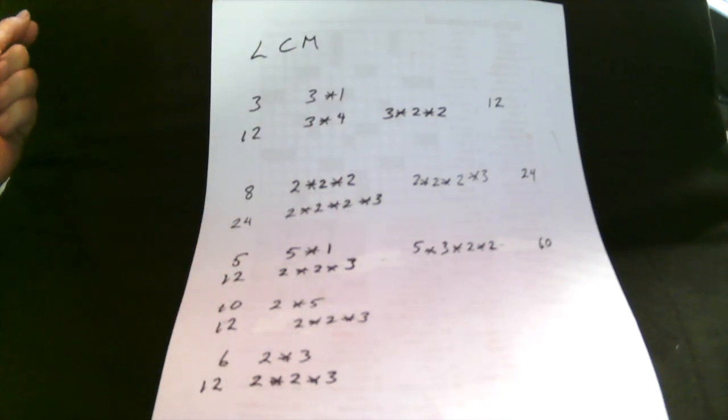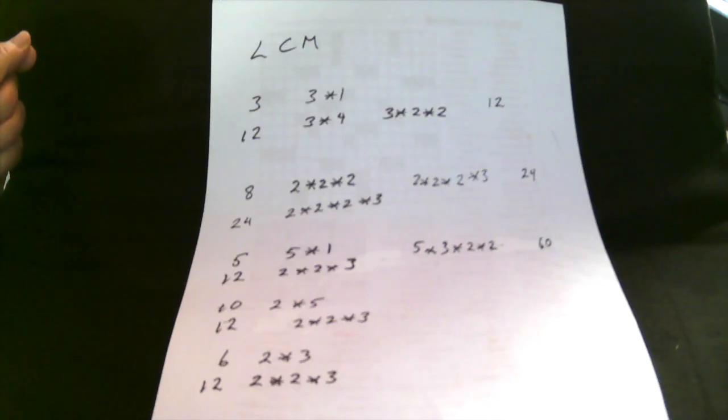8 and 24. 8 is 2 times 2 times 2, and 24 is 2 times 2 times 2 times 3. Since the 2 times 2 times 2 shows up in each of them, we'll use that once and times 3, because 3 shows up only once between them, and that is 24. A common multiple of 8 and 24 is 24.